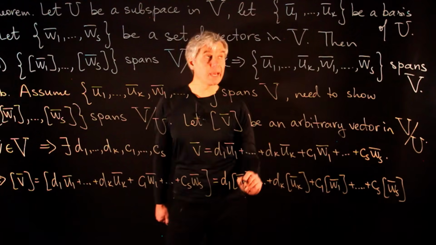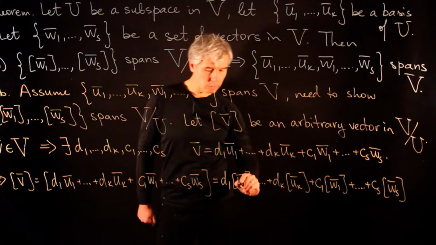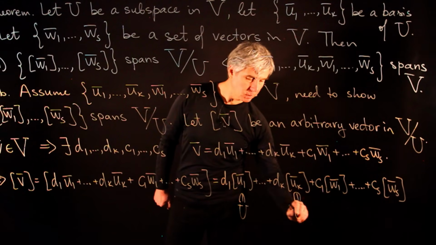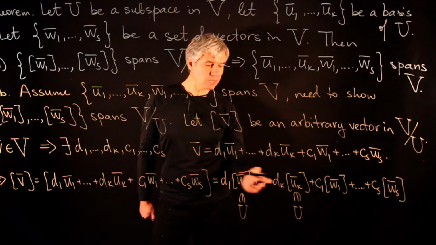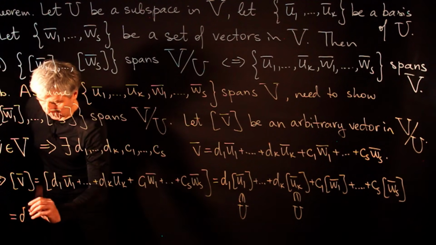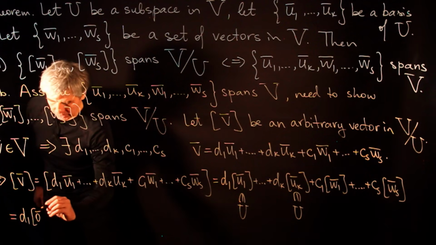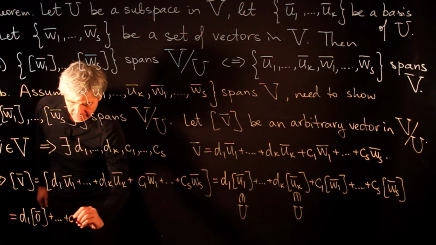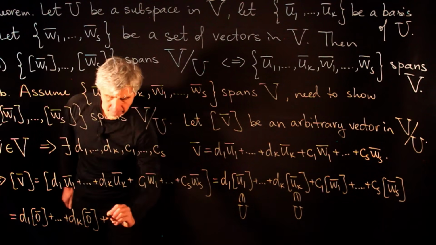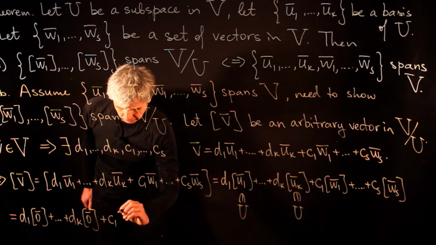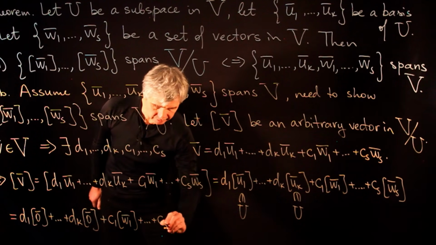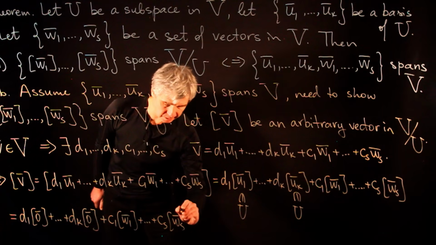But here we have that our vectors U belong to the subspace U. And because of this, the first k equivalence classes are just 0. So here we have D1 times the equivalence class of 0 plus ... plus Dk times the equivalence class of 0 plus C1 times the equivalence class of W1 plus ... plus Cs times the equivalence class of Ws.